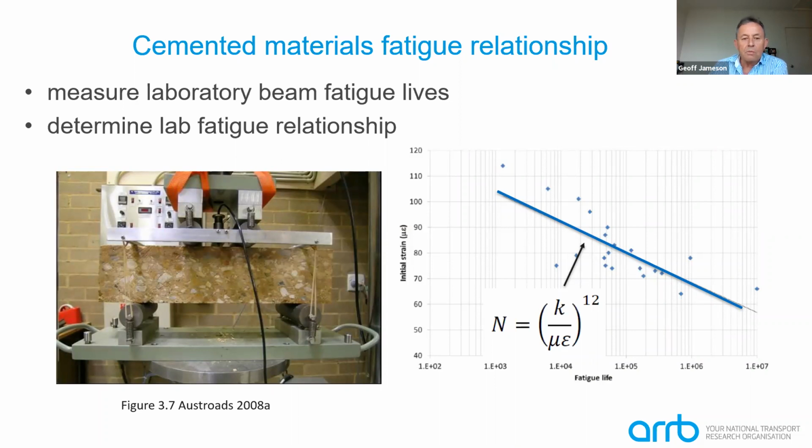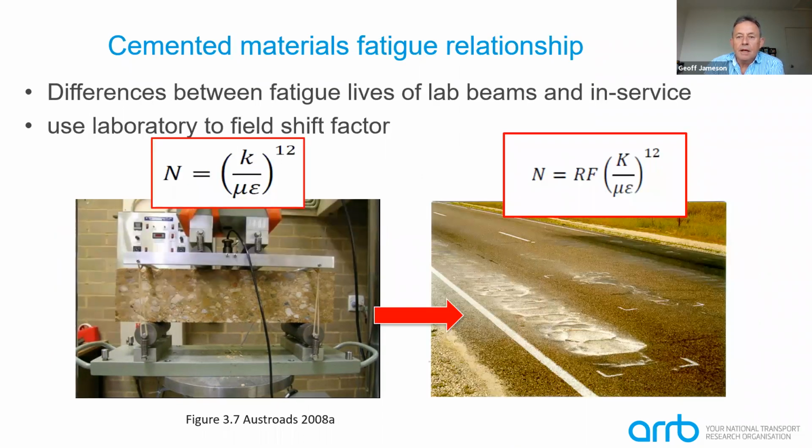And from that, we'll determine an in situ fatigue relationship for use in design. And what we need to allow for in making that transition from a lab fatigue relationship to one for use in service is a laboratory to field shift factor. And that allows for the differences between lab and field.